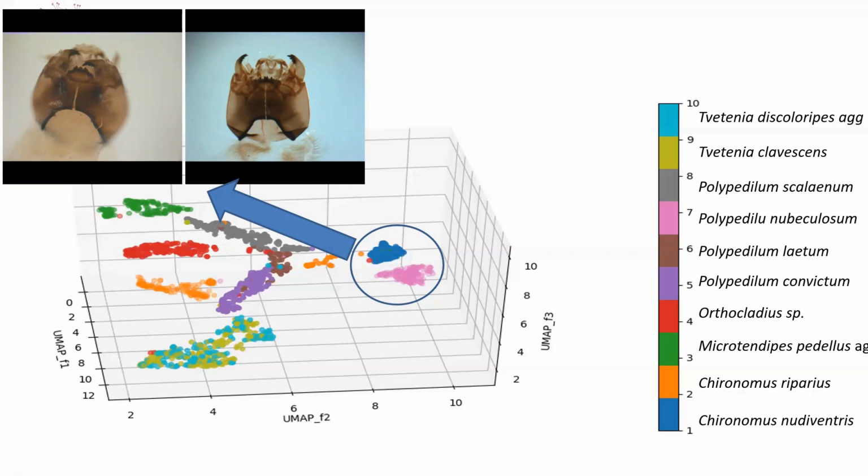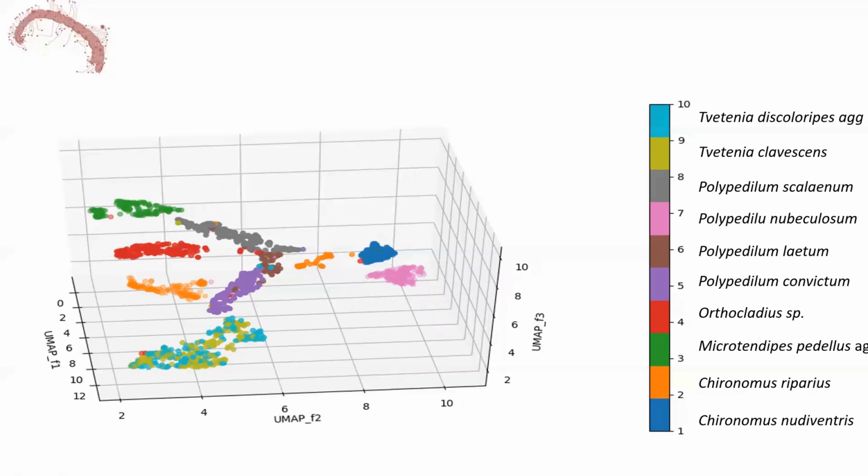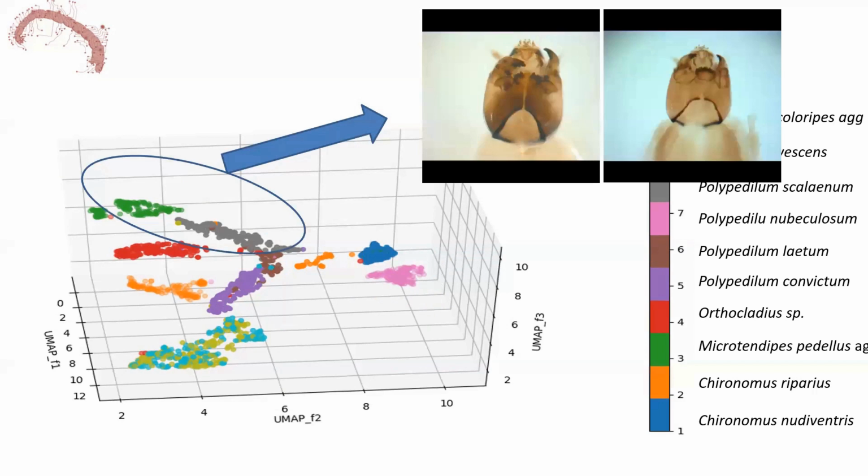From this ordination pattern, we can see that the betaVAE algorithm also put close together two different species, Microtendipes pedellus and Polypedilum scalenum, probably because of the mentum, which has a similar pattern of teeth.